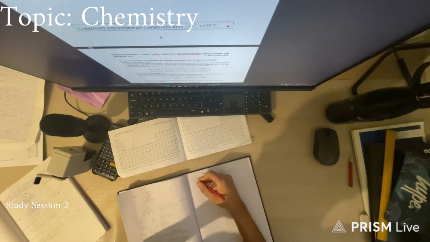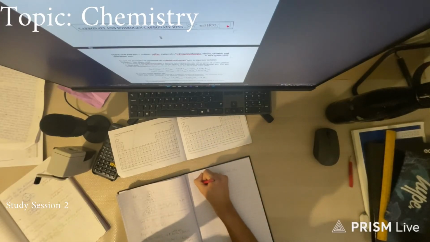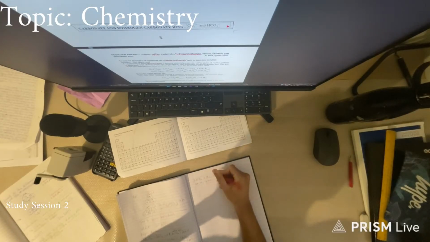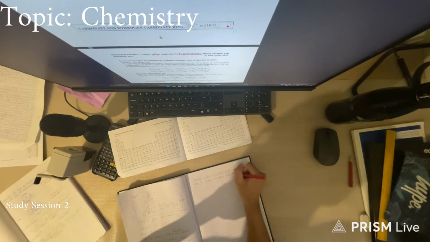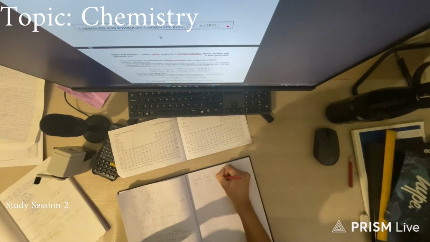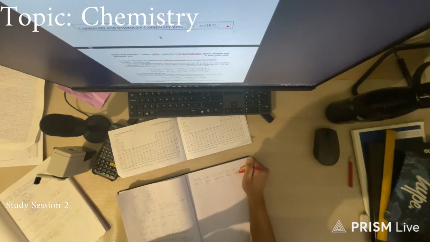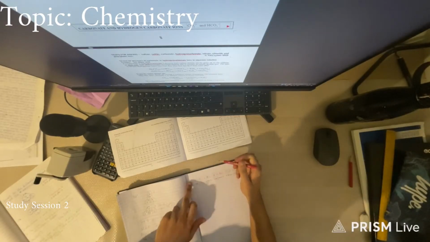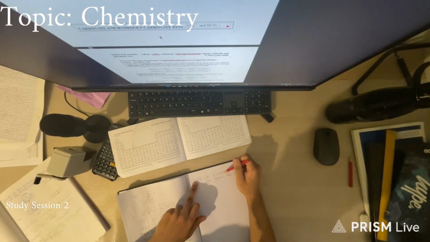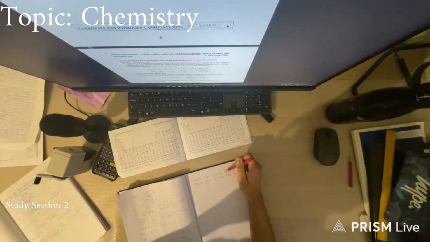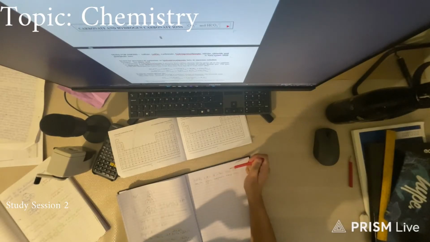It's actually correct. And then here I have Na2CO3 plus HCl, I'll balance them. NaCl plus H2O. Two chlorines, two hydrogens, one carbon, three oxygens.